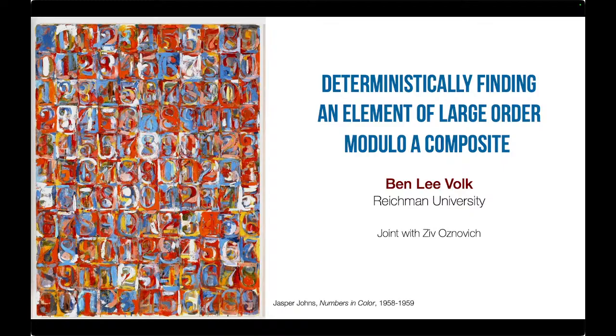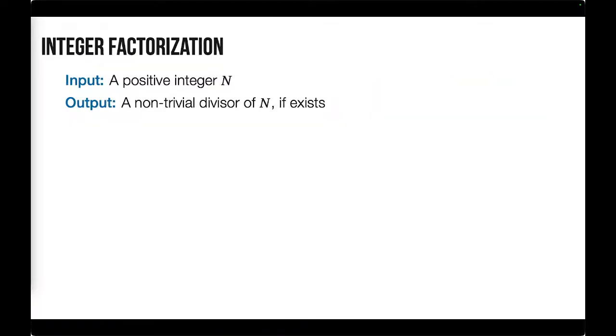Okay, yeah, so I want to start with the integer factorization problem, which you've probably heard of. The input is an integer n, and the output is to find a non-trivial divisor of n, which is not 1 or n.